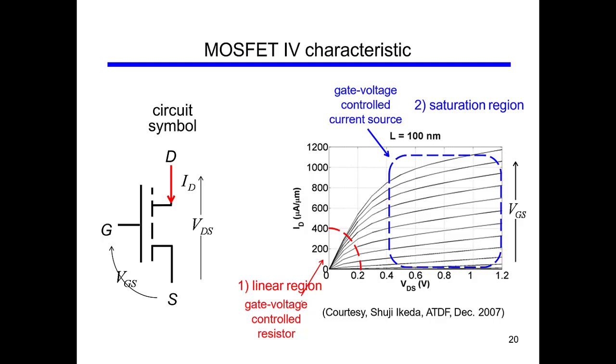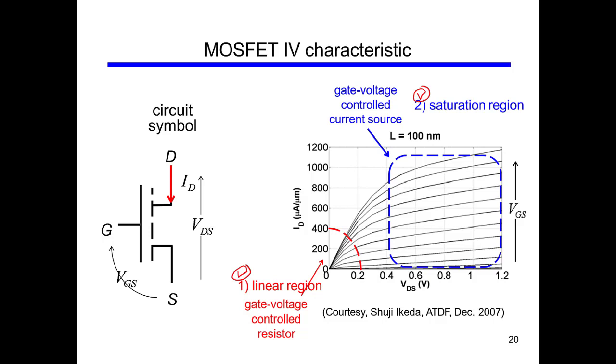Now, as you already know, we have two regions. The first is the linear region, in which the transistor acts as a gate controlled resistor, and the second is the saturation region, in which the transistor acts as a gate controlled current source.